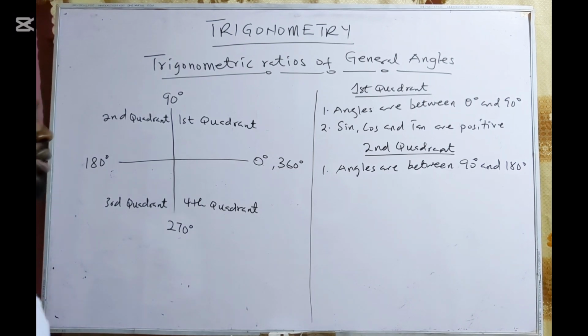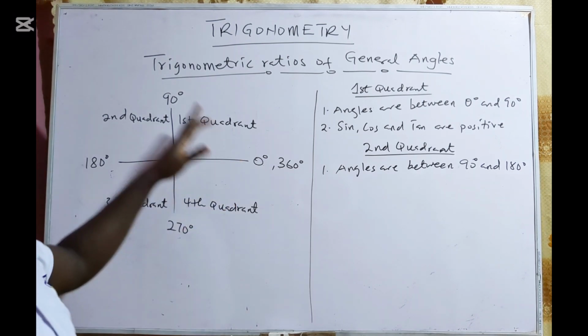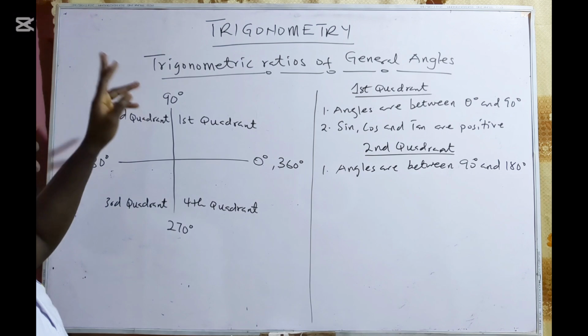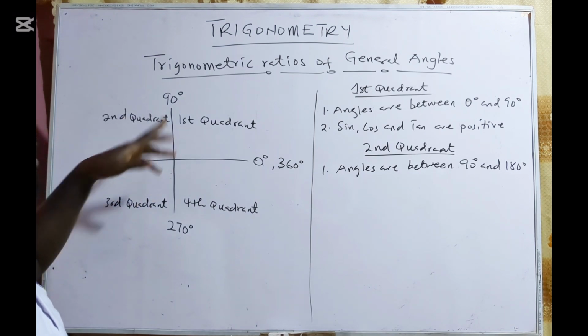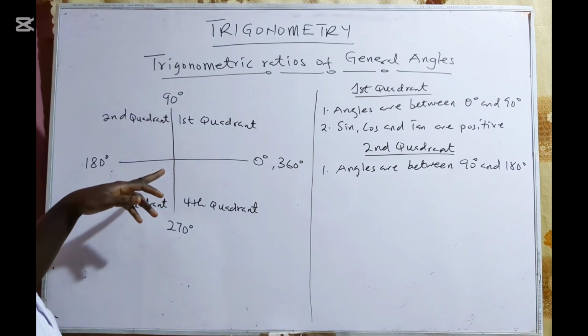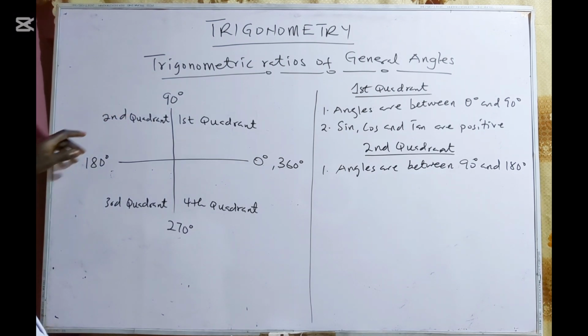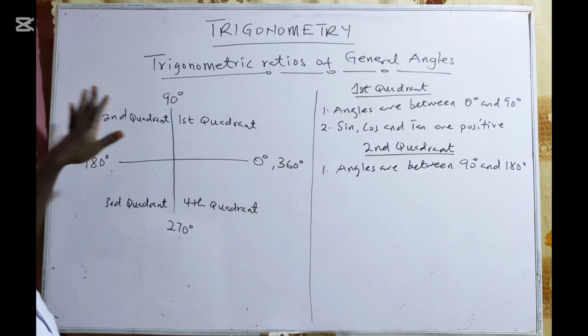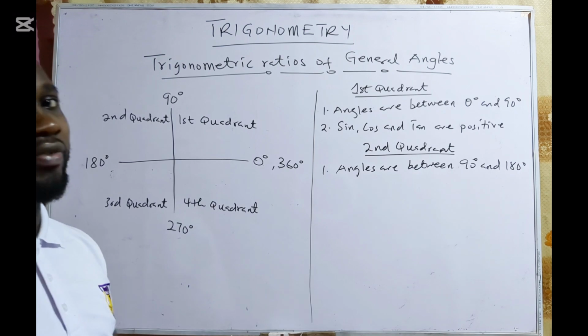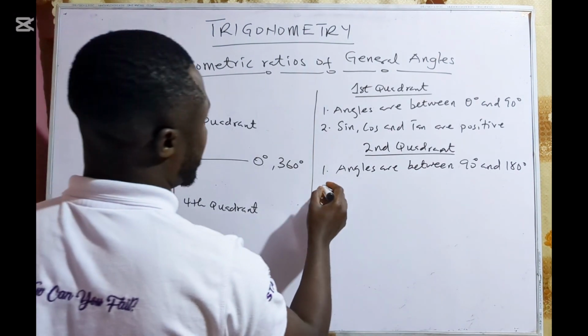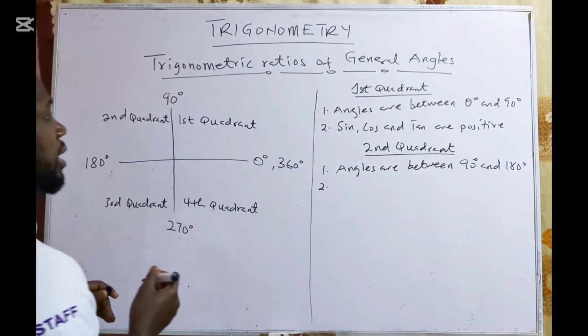So from 0 to 90 is acute. Then at 90, we get a right angle. Between 90 and 180 is obtuse, and from 180 to 360, we have the reflex. And what happens to the sine, the cos, and the tan?